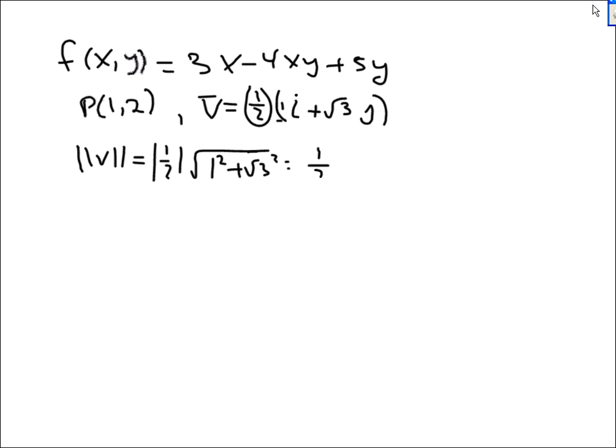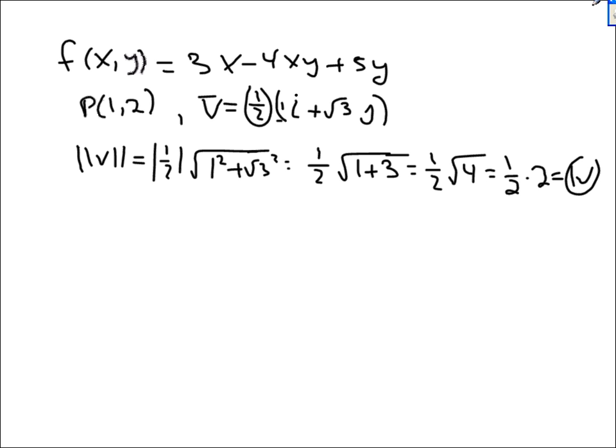The absolute value of a half is a half. 1 squared is 1. The square root of 3 squared is 3. You have half times the square root of 4, half times 2. It's 1, which is good. If it weren't 1, we would divide v by that number. If it was 7, we divide by 7.